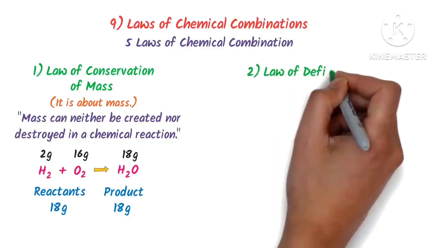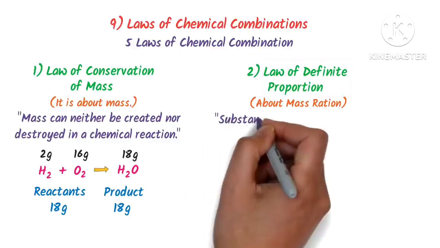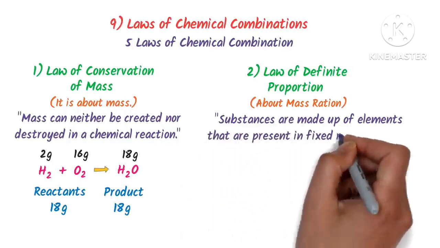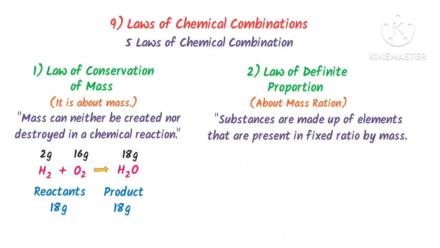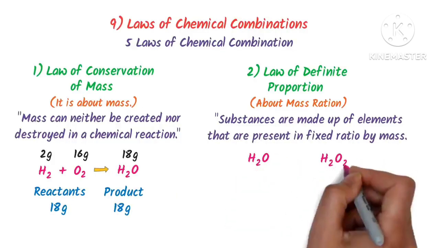The second law is law of definite proportion. Remember that it is based on ratio of masses. The word definite proportion means fixed amount. It states that chemical substances are made up of elements that are present in fixed ratio by mass. For example, consider water and hydrogen peroxide.